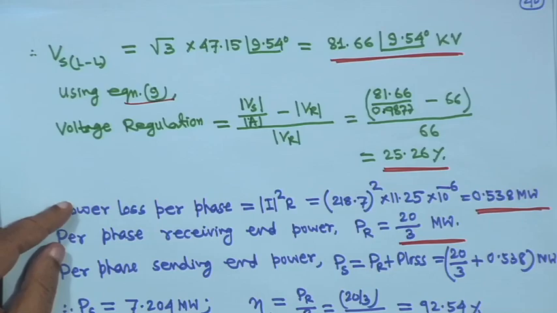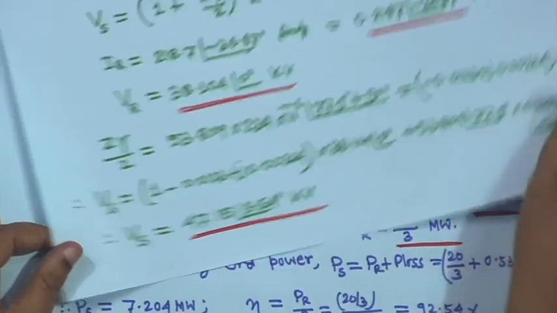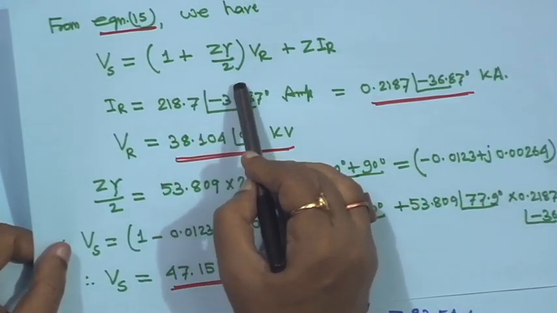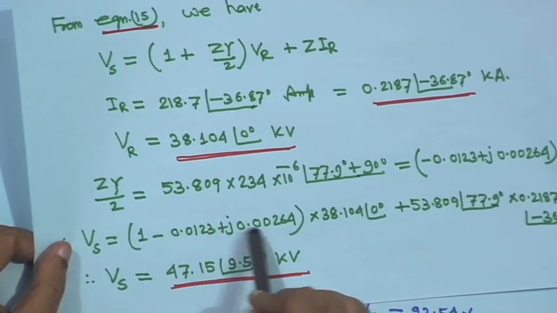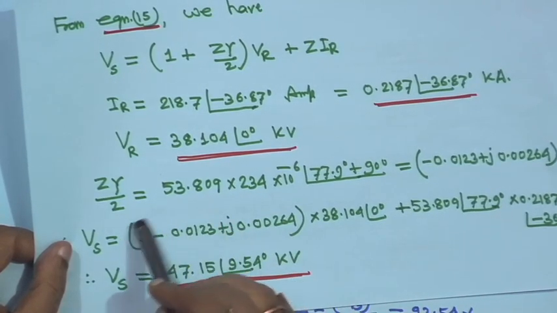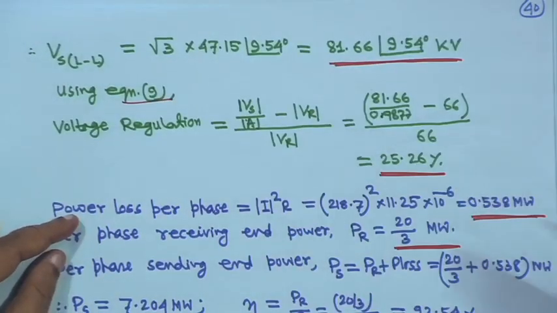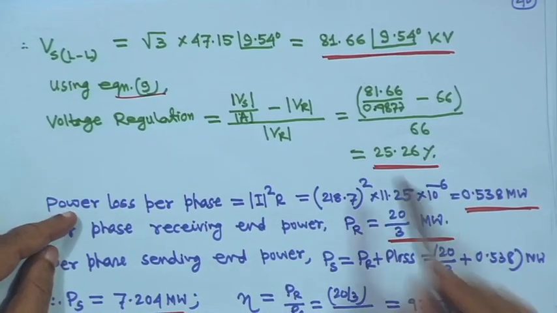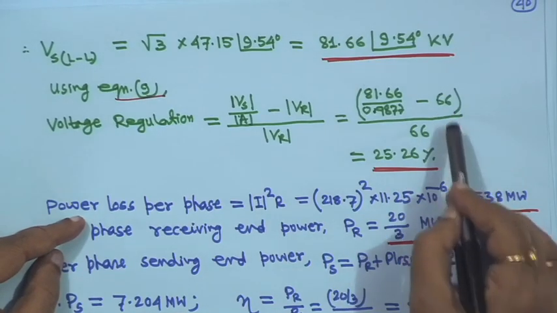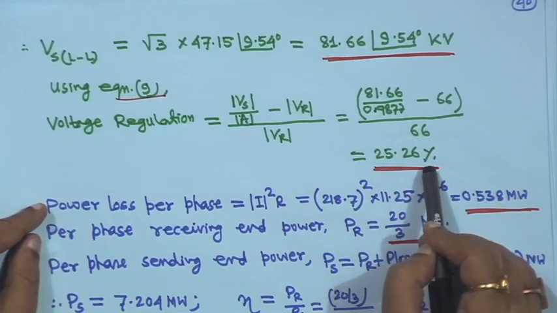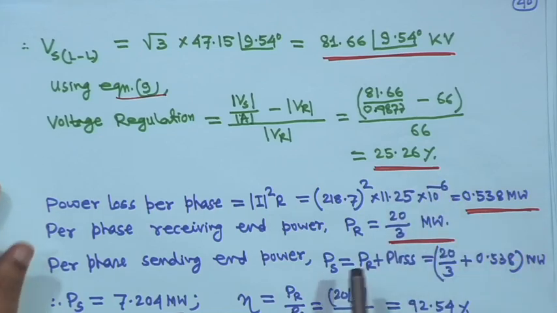A is equal to 1 plus ZY by 2, this bracket term is A. So, the mod of this is 0.9877, minus 66 divided by 66. So, 25.26%, that is the voltage regulation.